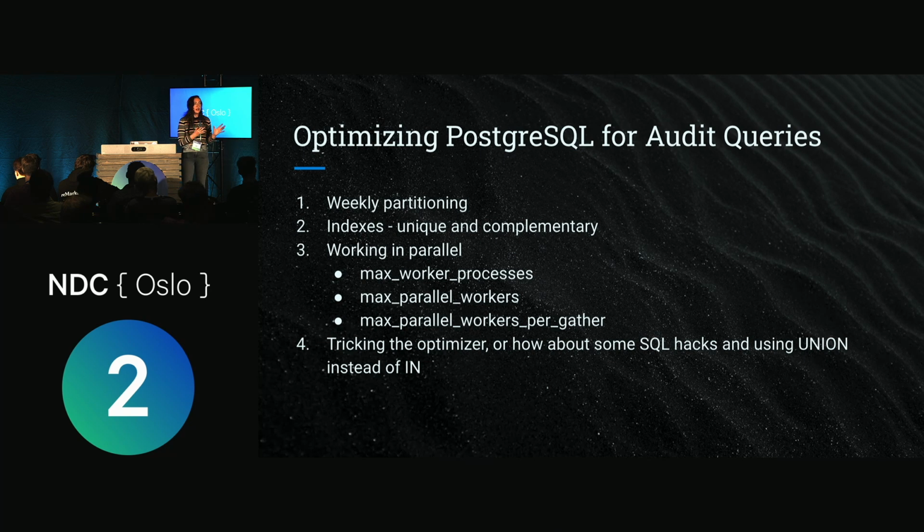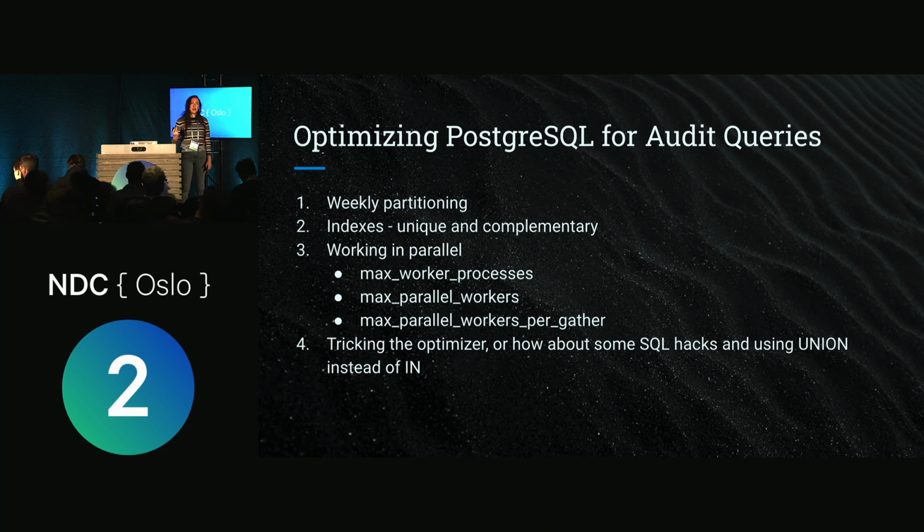These are not enabled by default by Amazon on RDS. And you'll really be amazed at what 10 workers can do to your query instead of 2. So if you have the need to run your queries in parallel and have better performance, look at these 3 configuration variables.